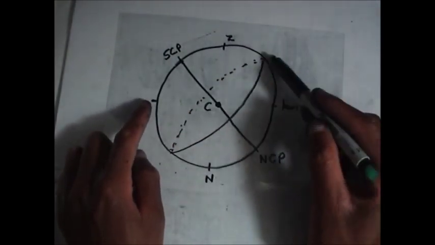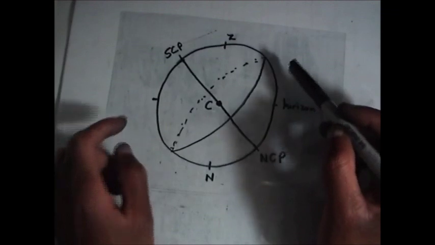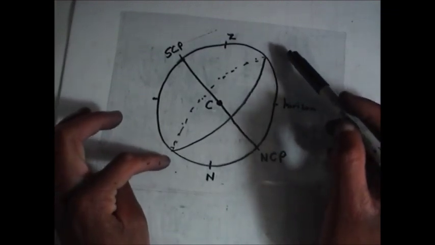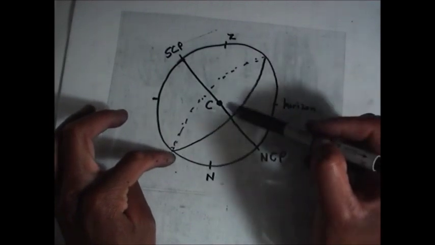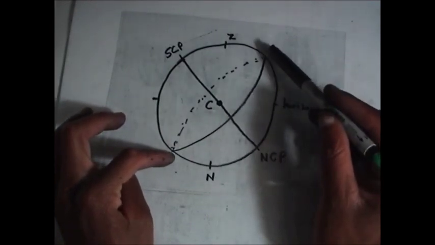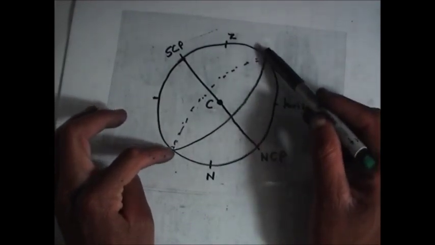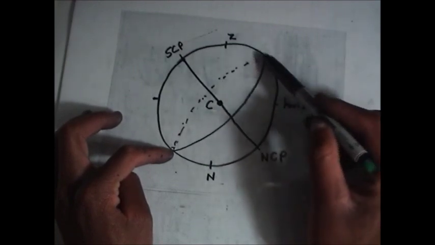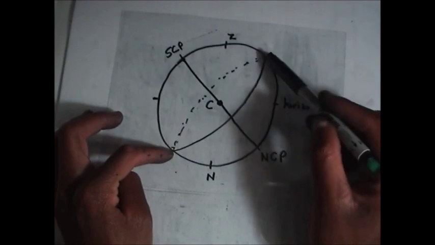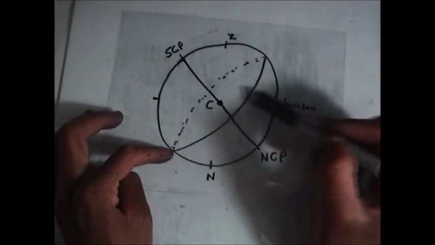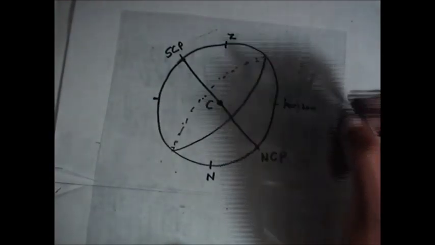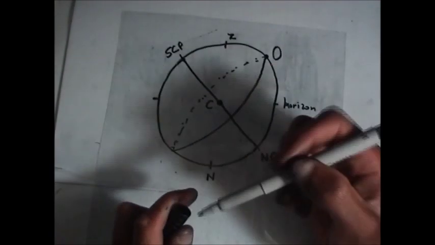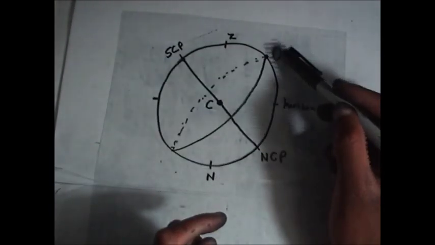And we said there are 2 points where the celestial equator is going to cut the celestial meridian. This point and this point. That's where the celestial equator cuts the celestial meridian. And the point that is above the observer's horizon is going to be our origin. So this is our origin, right?